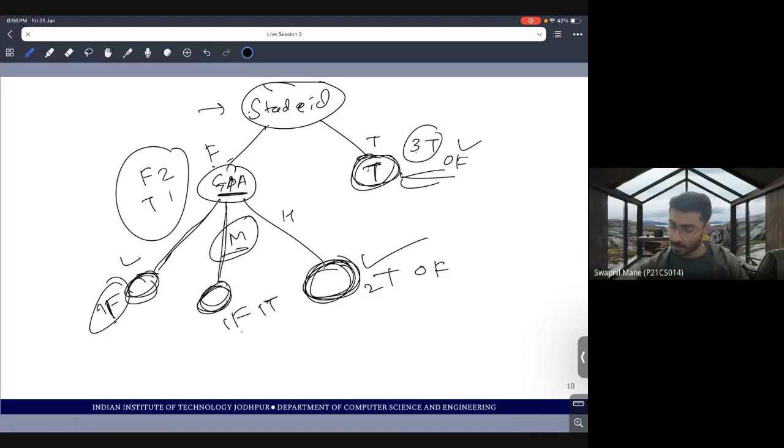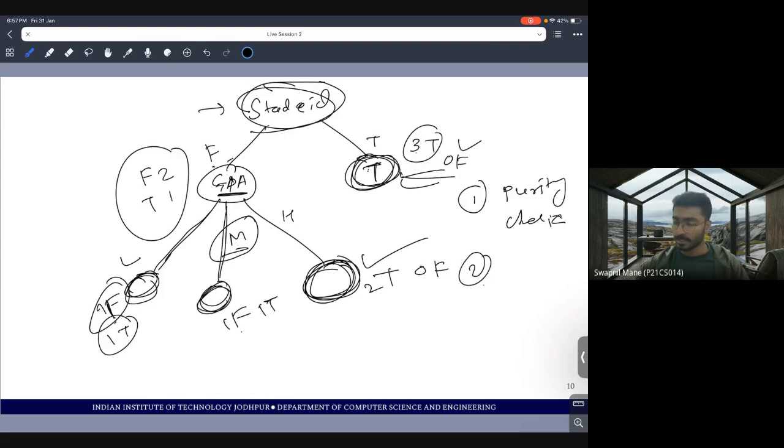Here also one F and one T. This is also an impure node. So based on this purity and impurity, we have to decide whether that particular node is a pure node, and we have to decide the attribute that comes in the next part. But first we need to see whether that particular node is pure or not. This is one condition: the purity check. So how we are checking the purity, let's discuss further, right?